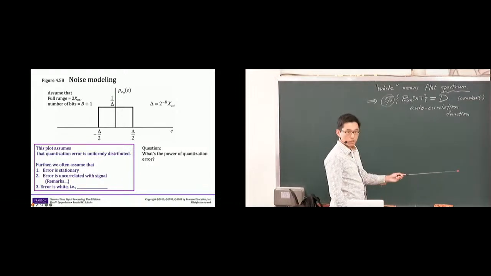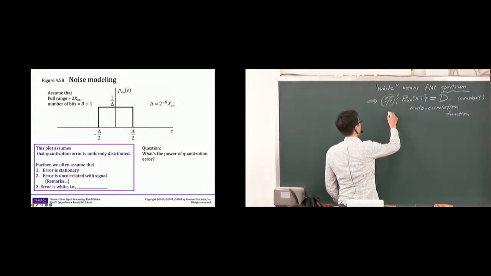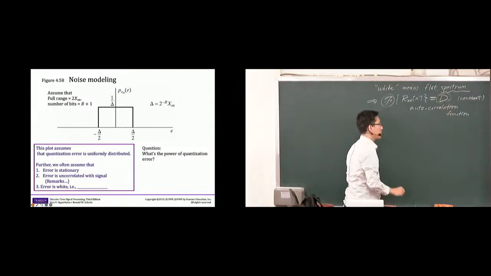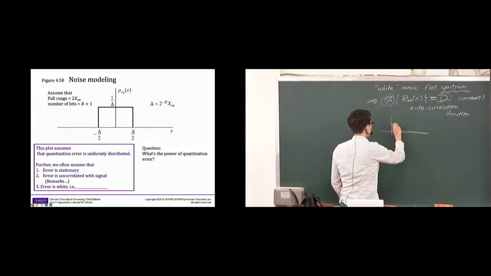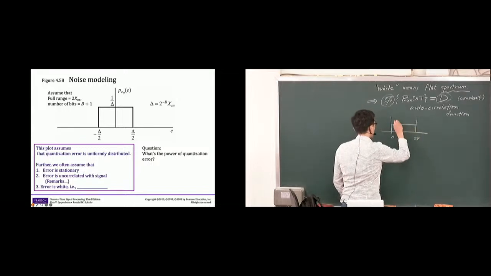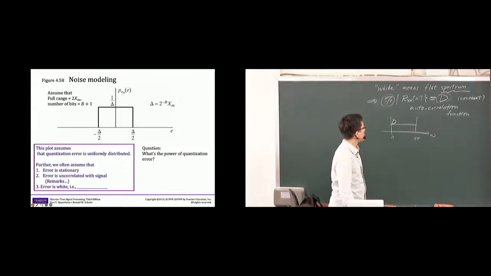No variation against frequency. The result should be a function of omega, but if it's a constant, let's say from 0 to 2 pi, if it's a constant d, then we say the signal x is white.